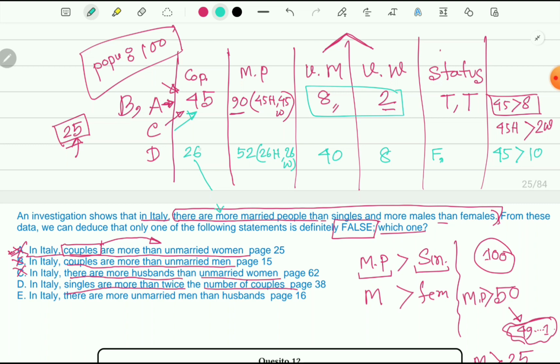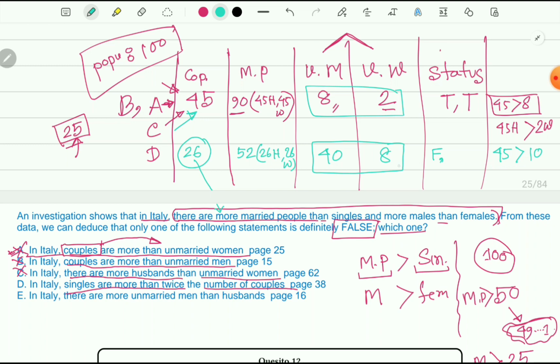So in this case couples are 26 and the remaining unmarried people, singles, are 48. Can we say that it's double? No, it's still singles are more, but not more than double.